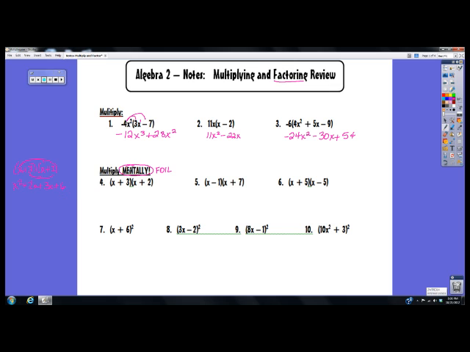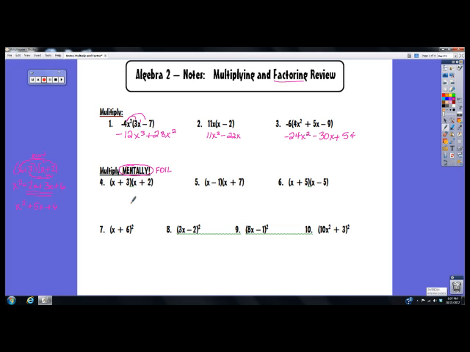Now what I'm talking about with multiplying mentally is I want y'all to do this part right here in your head. Multiply the outsides and the insides together in your head and add them. So you can tell me that this is x squared plus 5x plus 6 without writing all those steps down.